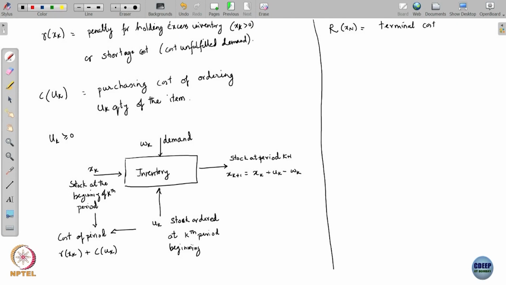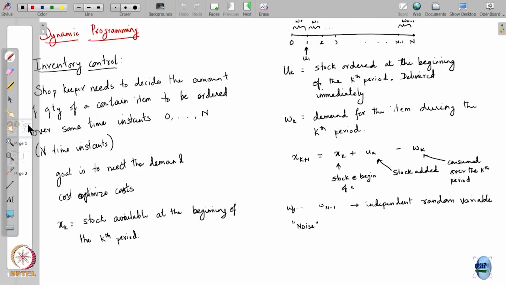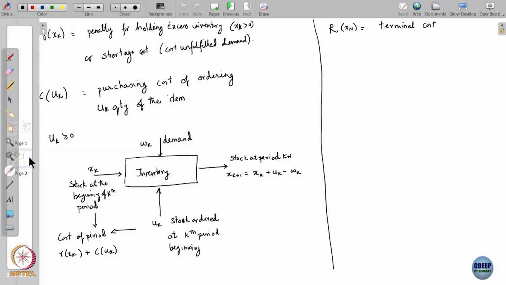A terminal cost is simply a cost that you would incur at the end of the time horizon that you are considering. When you reach this point n at the end of the time horizon, you have no more decisions to make. That is the time up to which you are looking ahead and taking decisions. If you are left with an inventory of x n, what is the cost that having that inventory would carry, either positive or negative inventory?